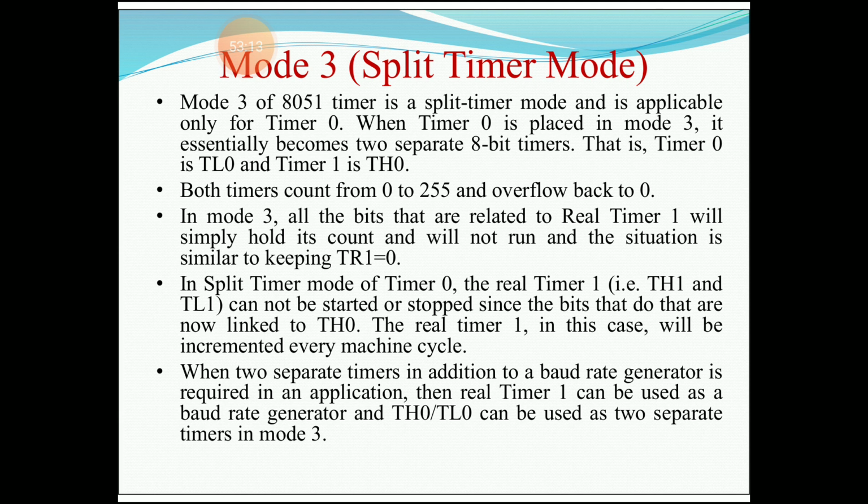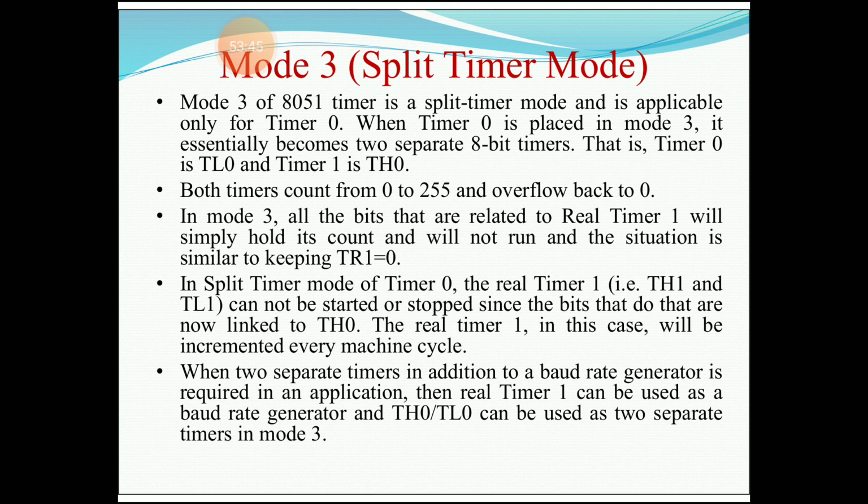In mode 3, all the bits that are related to real timer 1 will simply hold the count value and will not run, and the situation is similar to keeping TR1 at 0. In split timer mode of timer 0, the real timer 1, that is TH1 and TL1, cannot be started or stopped since the bits are not linked to TH0.